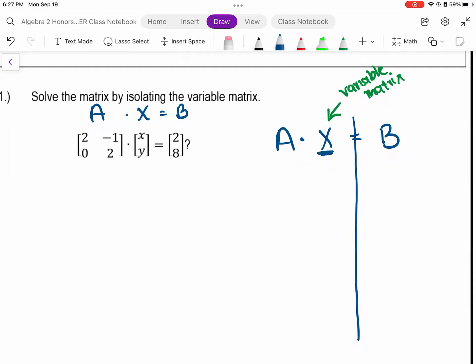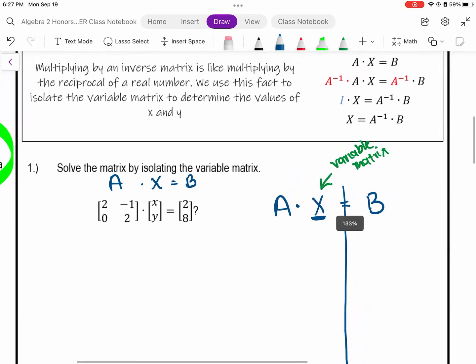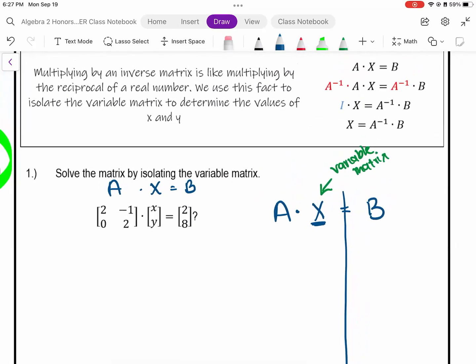Now, normally, I would say go ahead and divide by A. That turns into a 1, and then you can keep going. However, this process does not work for matrices. I can't just divide a matrix by another matrix and have it equal 1.